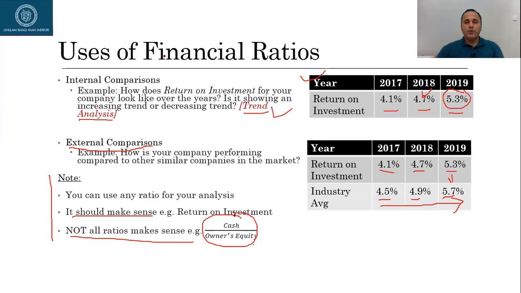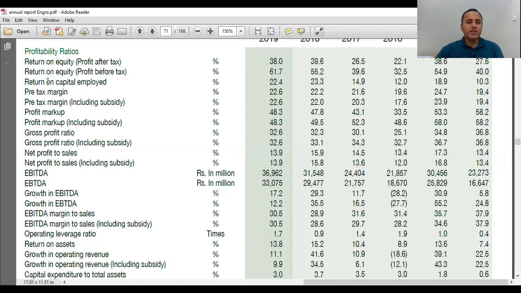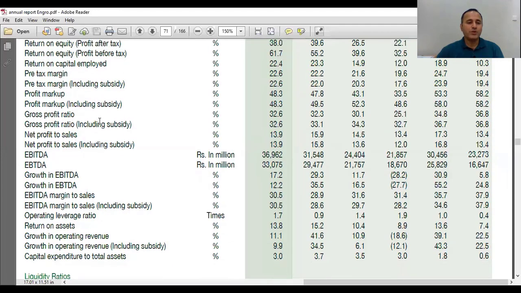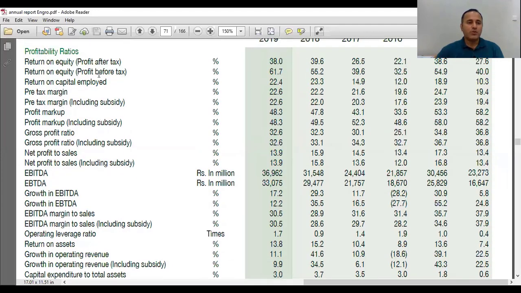Let me give you an example from the industry. I have downloaded an annual report from Engro Fertilizers. And if you see the profitability ratios, there are plenty of them, more than 24, starting with return on equity.